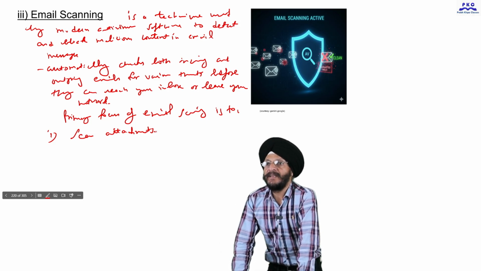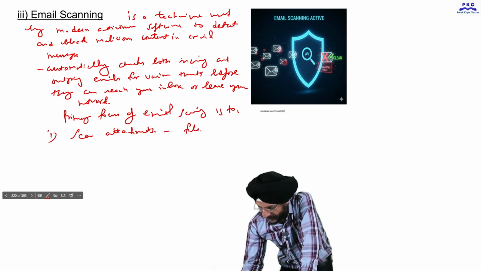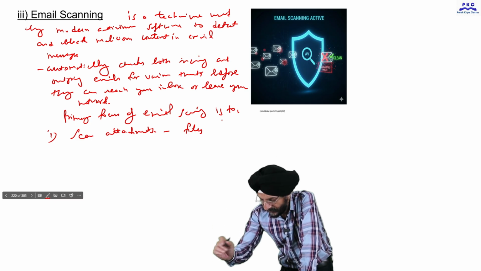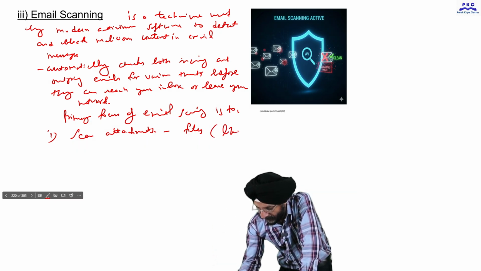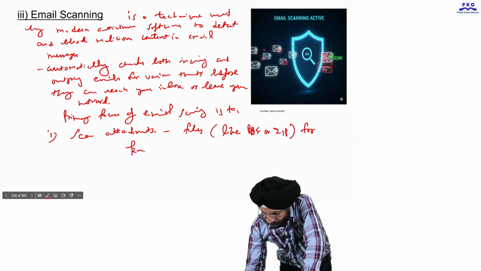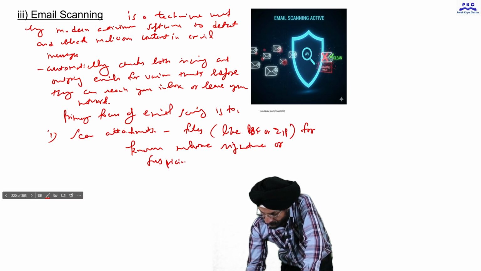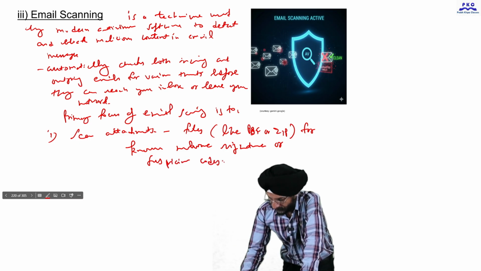So the email scanning technique scans all the files which are there in the form of attachments, and the file may be like a PDF or zip file. So it will scan these files or attachments for known malware signatures or suspicious code.